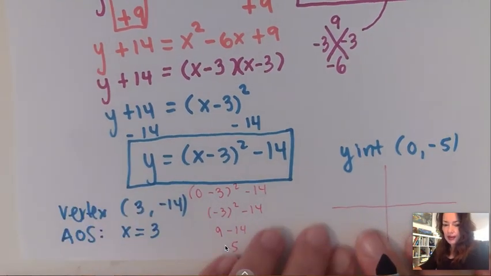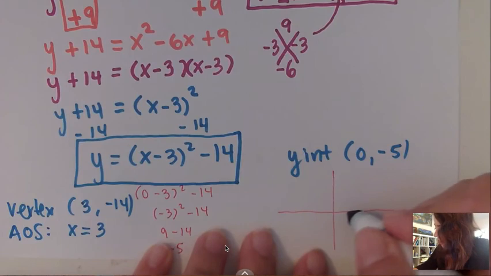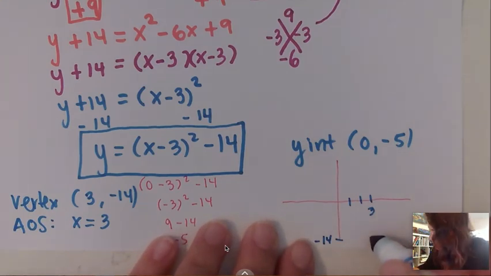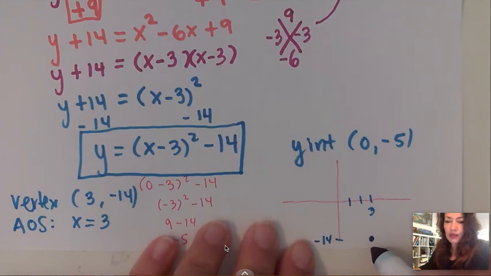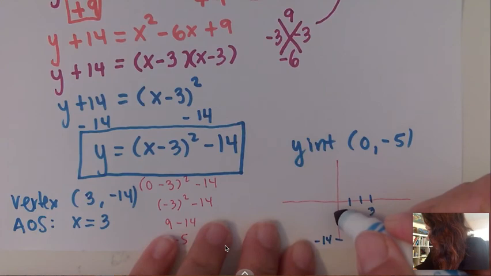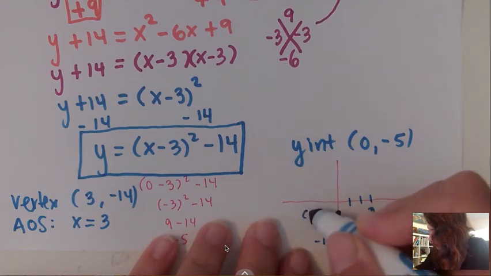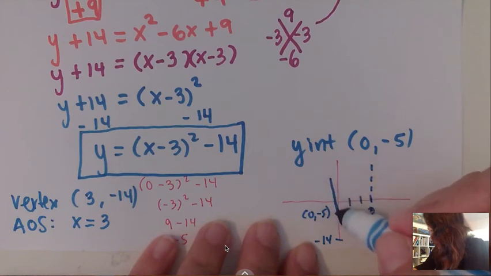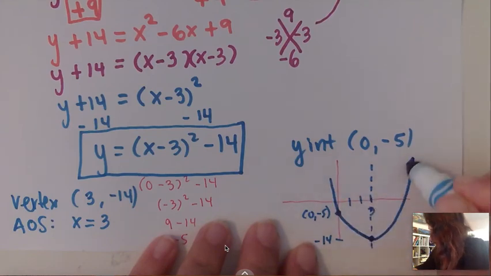So let's make that sketch here. I will draw 3 units right, and I could put negative 14 down here. It is a sketch, so I will put my vertex at (3, negative 14). The graph opens up. I do have a y-intercept at negative 5, so I could put a point at (0, negative 5) here, draw my axis of symmetry, and then make my sketch.